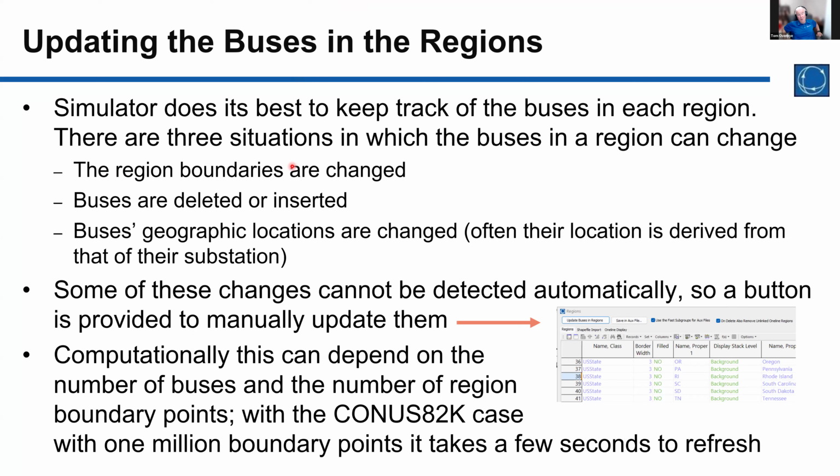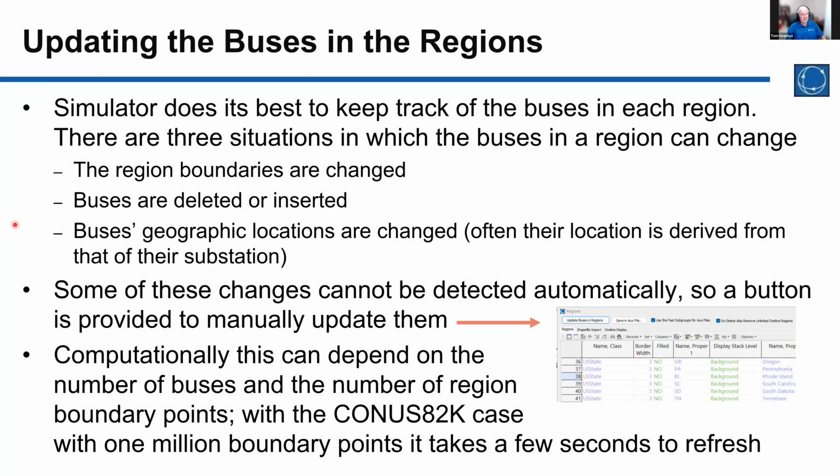But you might actually go in and change the bus's geographic location, or since buses often have their geographic locations derived from that of their substation, if you change the substation geographic location, that's going to change the bus's location, and that's going to change whether it's in a particular region.